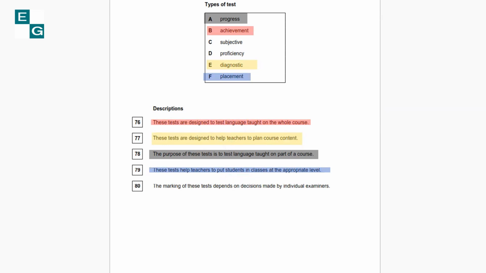And finally, the marking of these tests depends on decisions made by individual examiners. That means it is subjective. It is related to a subject, a person grading these tests.